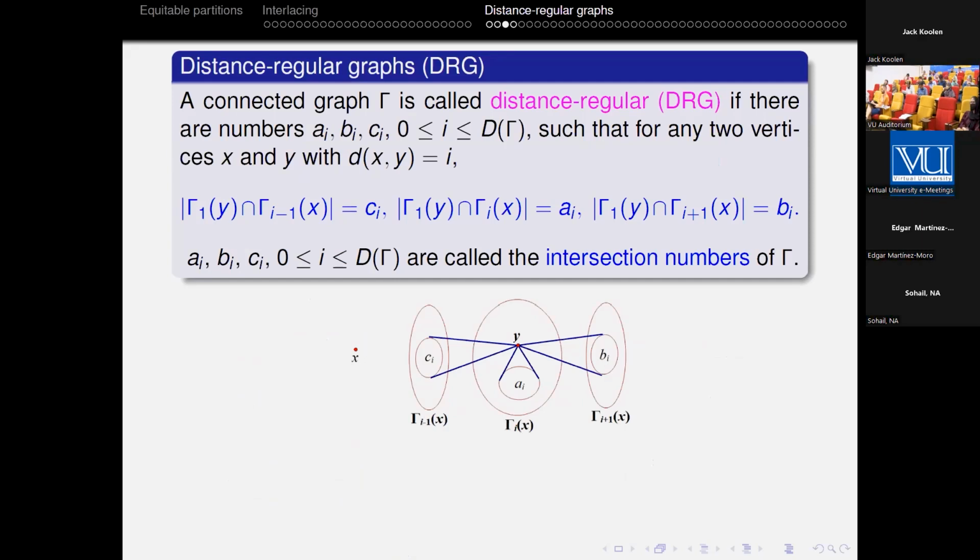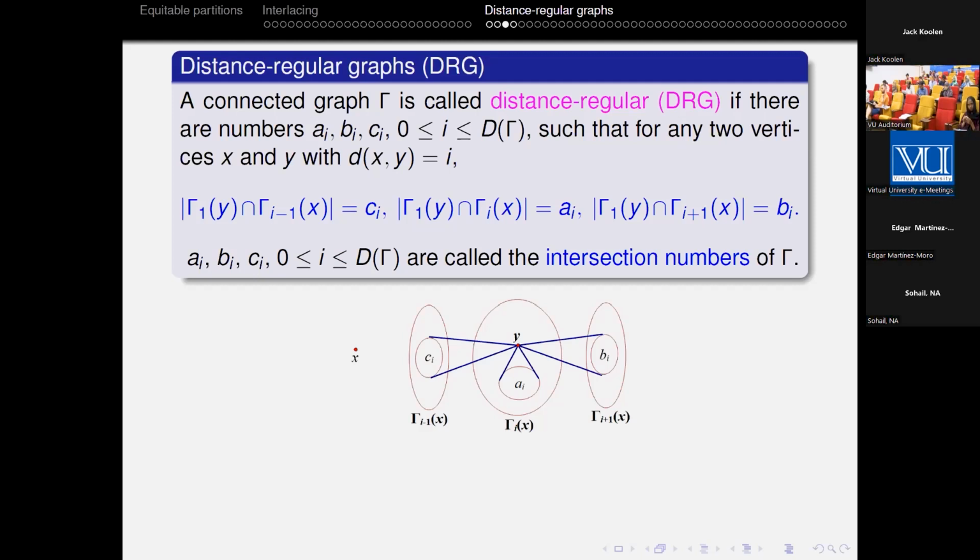I want the number of neighbors of y at distance i minus 1 from x to be c_i, the number at distance i from x to be a_i, and the number at distance i plus 1 to be b_i. These are called the intersection numbers of Γ: c_i, a_i, and b_i.